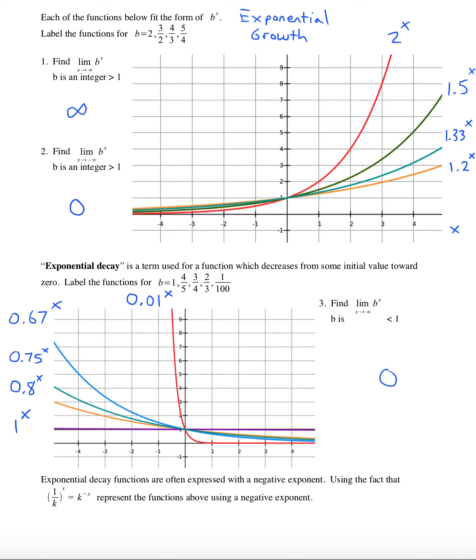So if we take the original function 1 to the x, that's just itself. But 4/5 to the x could be rewritten as 5/4 to the negative x.